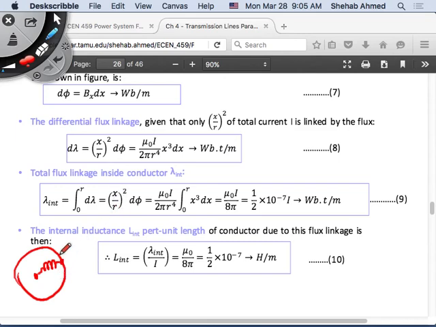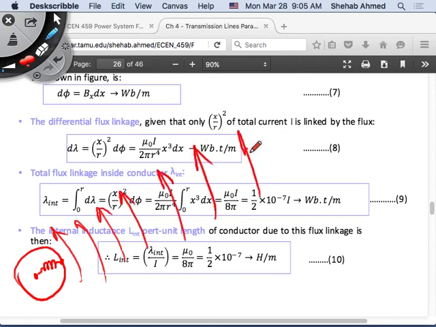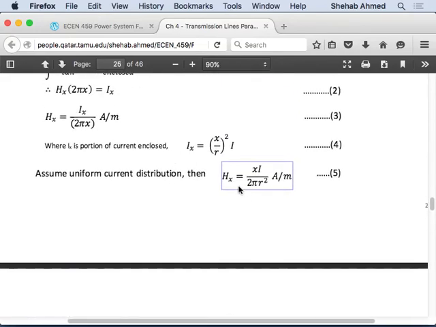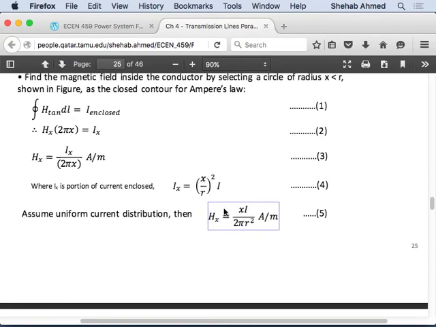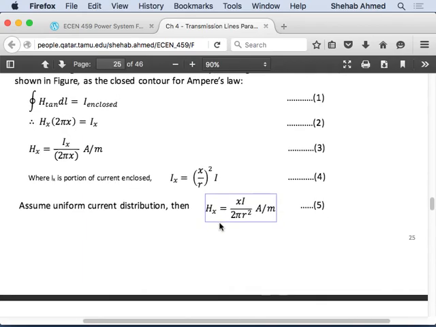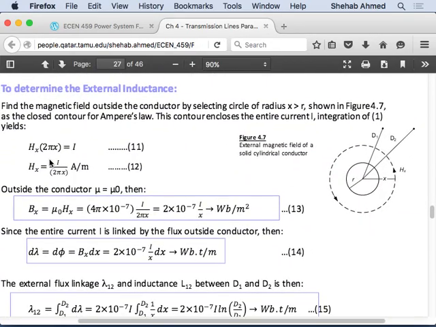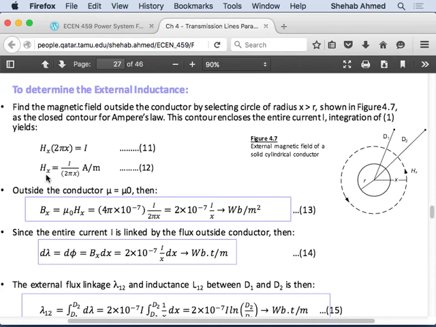And then, there's a magnetic field around this conductor anywhere in space, right? The value of the magnetic field will decrease with distance, and that's what we saw here. Let's look at the magnetic field intensity outside the conductor. Hx equals I over 2 pi x.